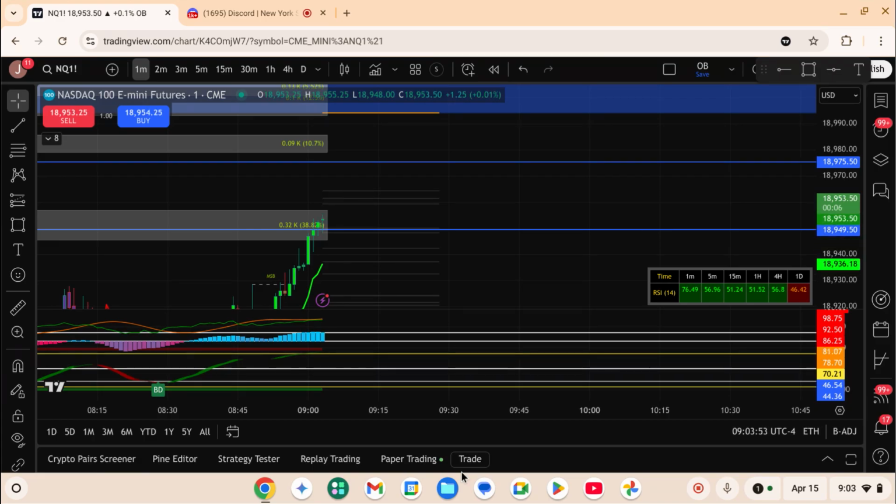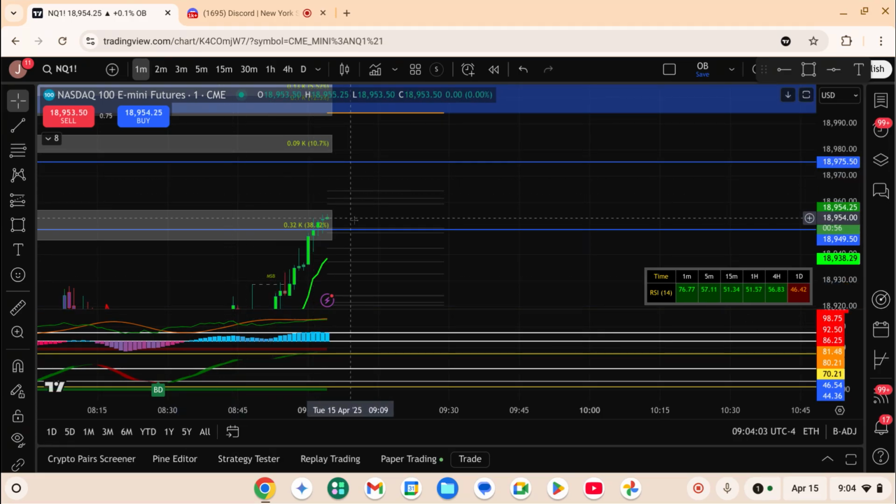Excuse me. I don't like that these are weak closes. Look, it's doji closes.